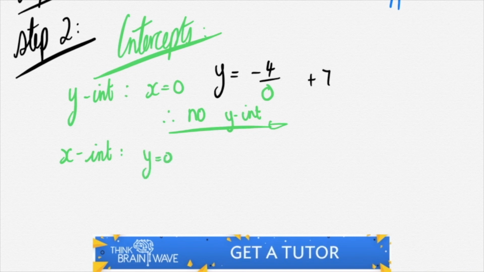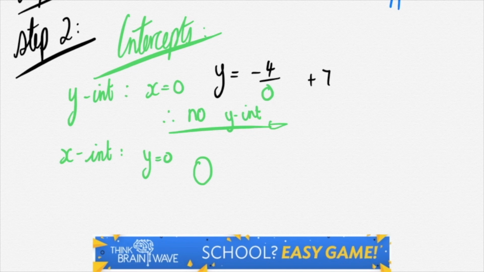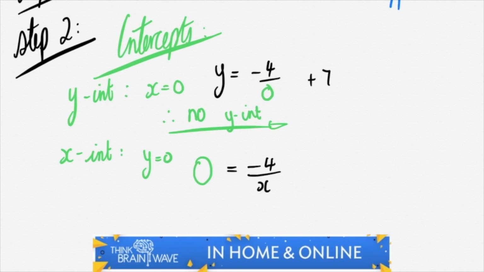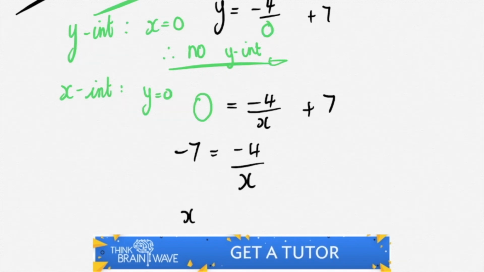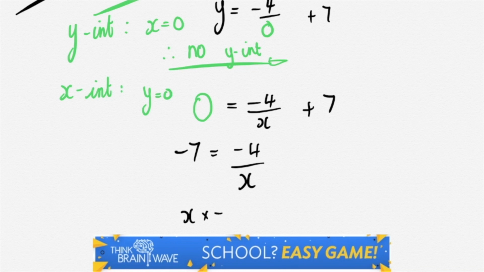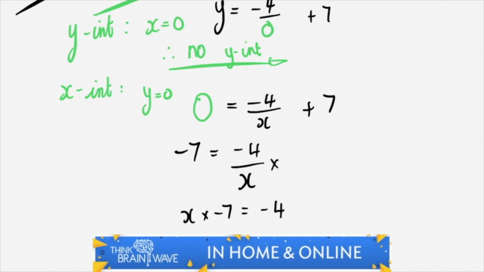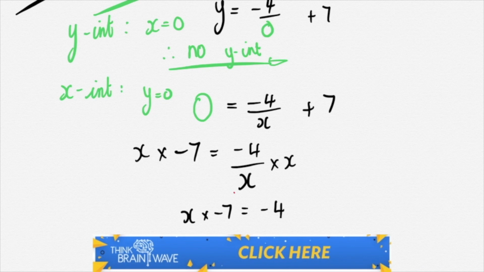Let's quickly do our x-intercept. We say y is equal to 0. So 0 is equal to -4 over x plus 7. And so we then shift our 7 across, making it -7, equal to -4 over x. On the right-hand side, you can drop the negative signs or just switch sides, and then multiply by x. There you go. So the x's cancel, and you'll have -7x on the left, equal to -4 on the right.